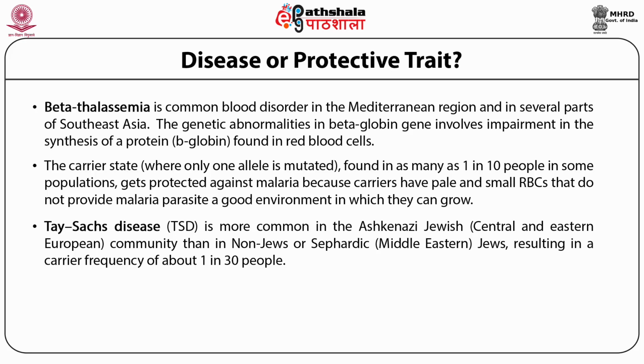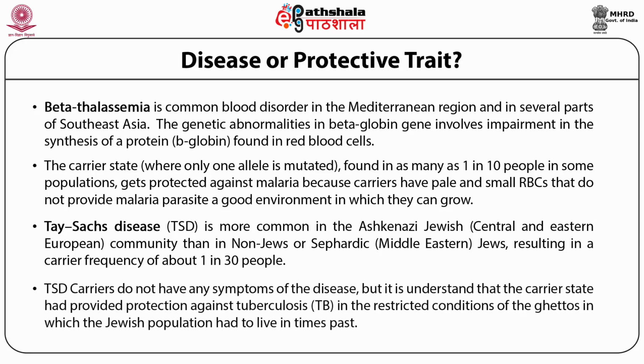Tay-Sachs disease is a neurodegenerative disease which results in death at 4 to 5 years of age. Similar to beta thalassemia, there are no symptoms of the disease for TSD carriers. But it has been observed that this carrier state provided protection against tuberculosis for the Jewish population who lived in the restricted conditions of the ghettos in the past, as reported by Rapin et al.